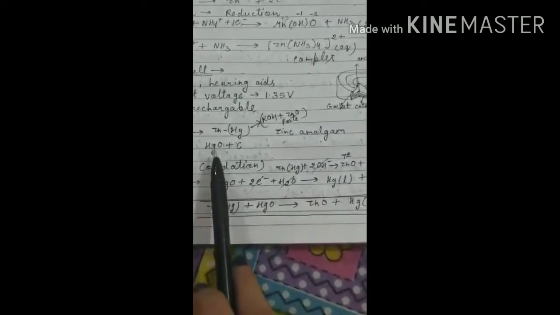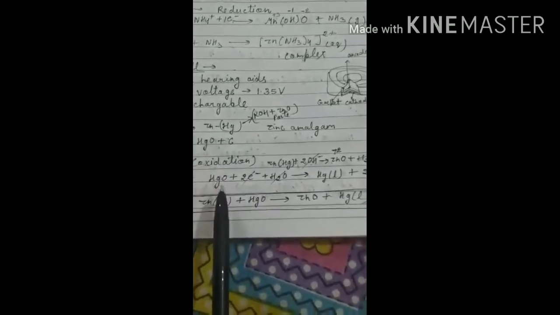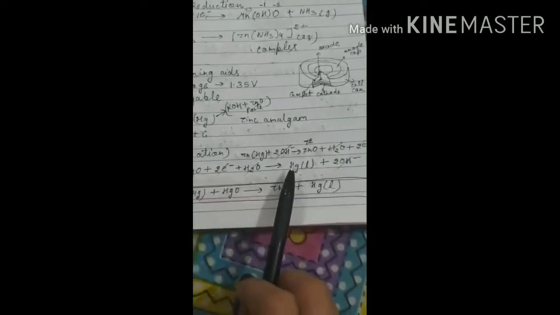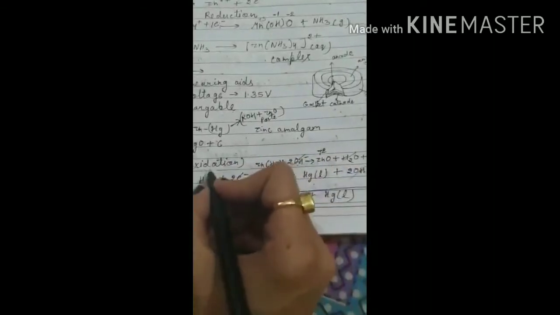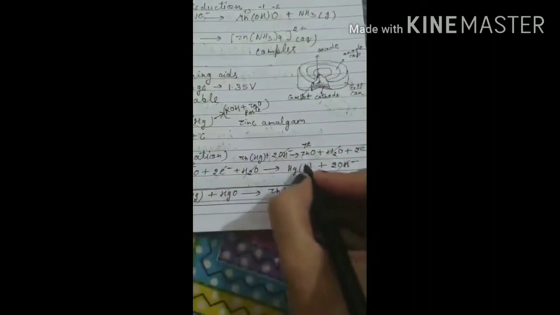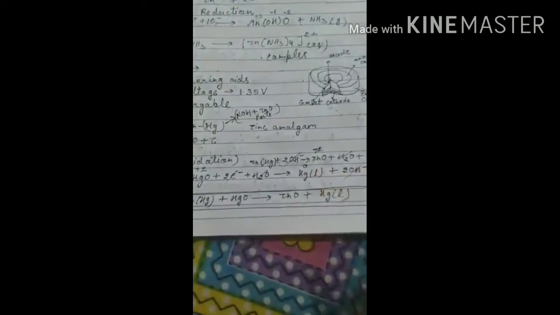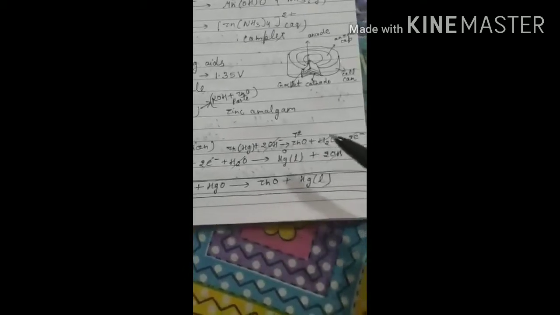Now at the cathode, reduction should take place. For reduction I have written mercuric oxide, HgO, and that converts into Hg, because here the oxidation state of mercury is +2, and here the oxidation state is 0 because it is in the alone form. Now I am telling you how you can write this reaction, a very simple way.